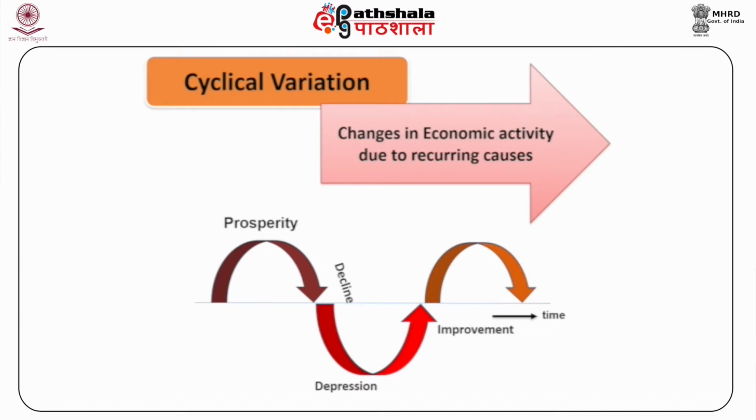There is considerable expansion in business activity which leads to overdevelopment. Decline occurs due to overdevelopment. There is a shortage of facilities which leads to decline in productivity. Hence, prosperity starts to decline.